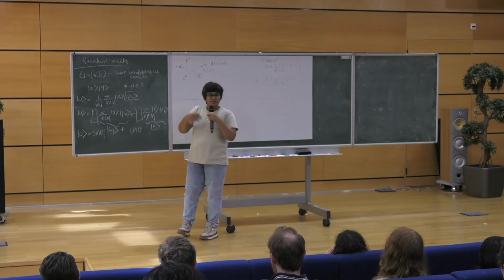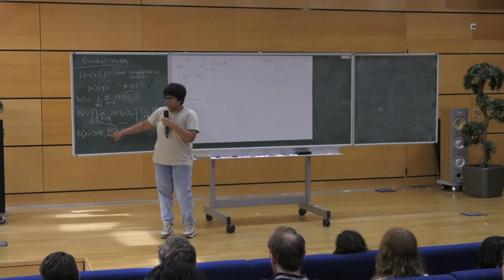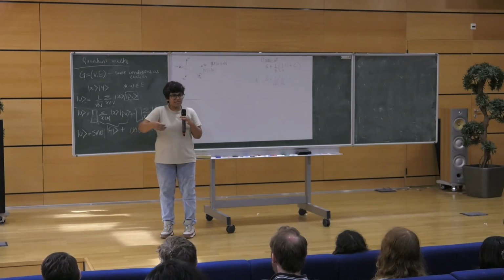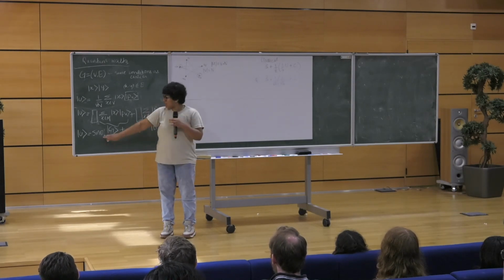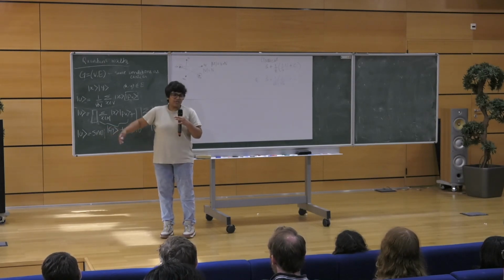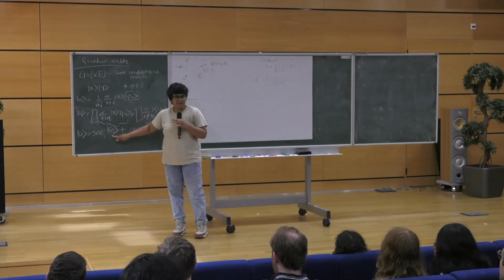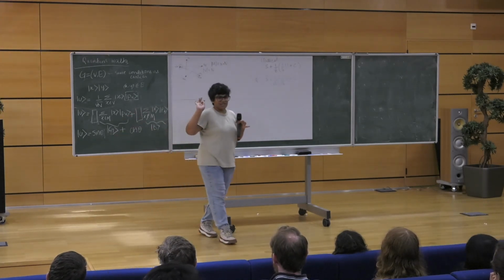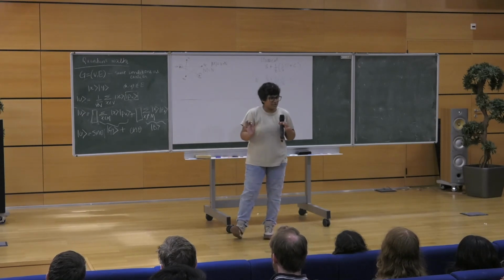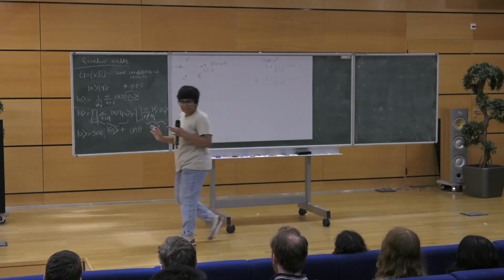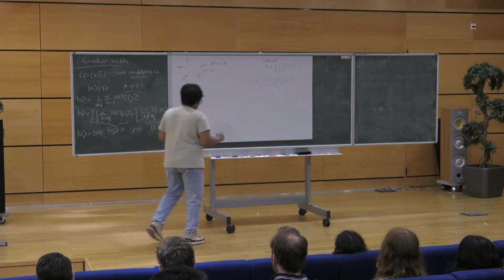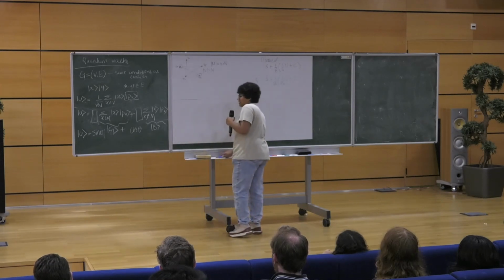And now we are going to improve this amplitude on the good state. We are going to give a procedure that will boost this sine square theta, this amplitude, to a bigger quantity, so that in the end, when you measure this register, you land in a good state. That is what the procedure is going to be. Clear? Okay. Now I'm going to give you the procedure of how to land in a good state.